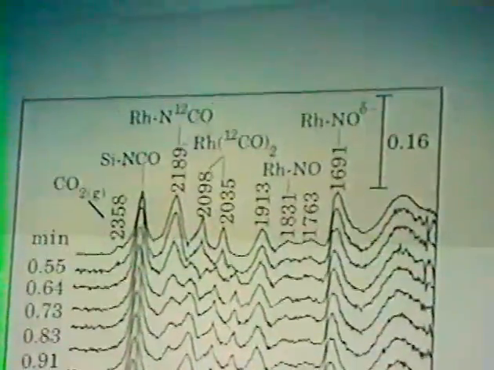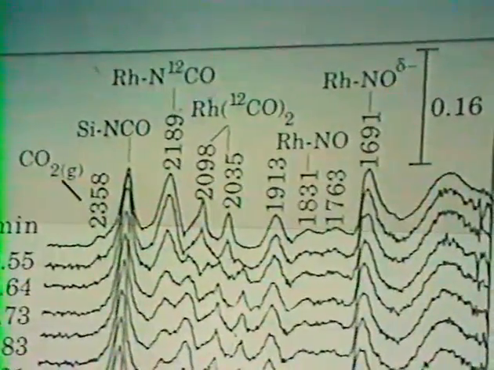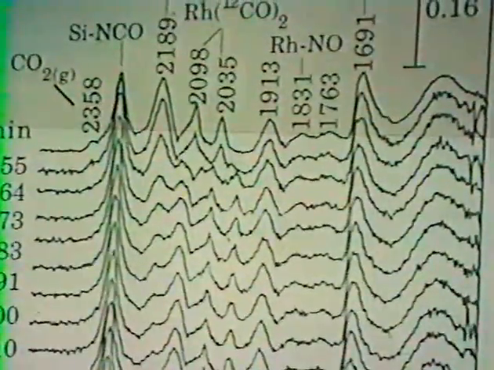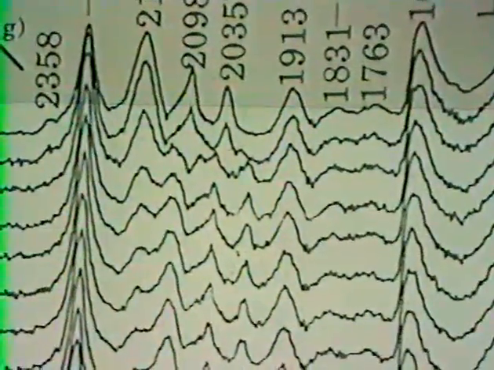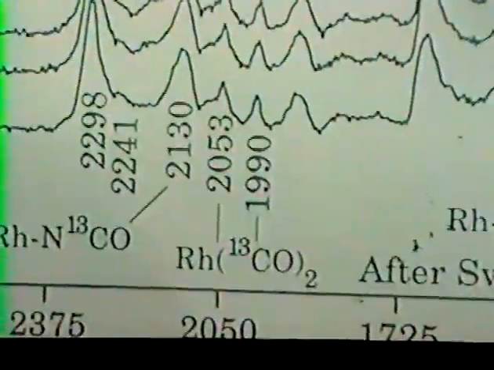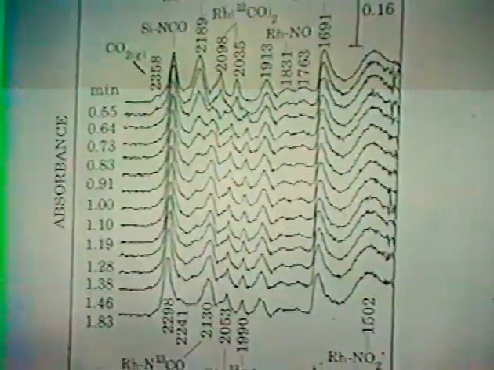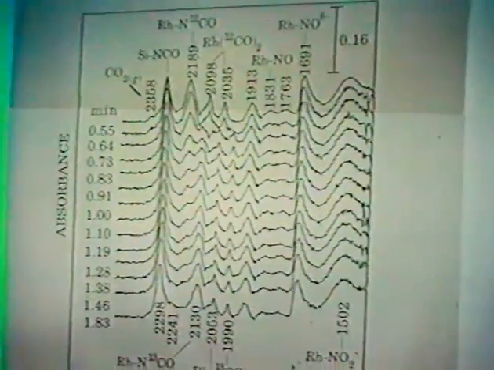These carbonyls are C12. This is the C12 rhodium gem dicarbonyl species, and as you can see, during the step transient, this C12O is being replaced by C13O species, and adsorbed NO species remain the same because the system was not disturbed.